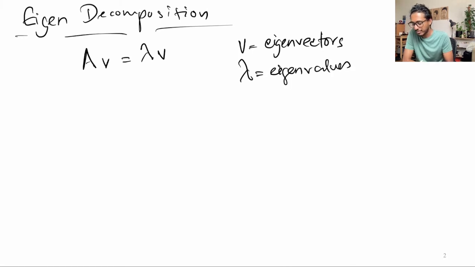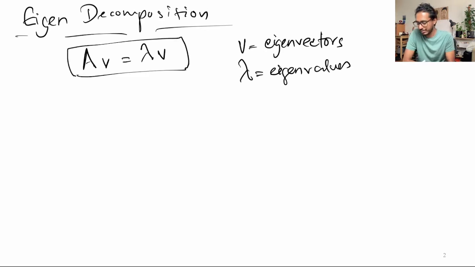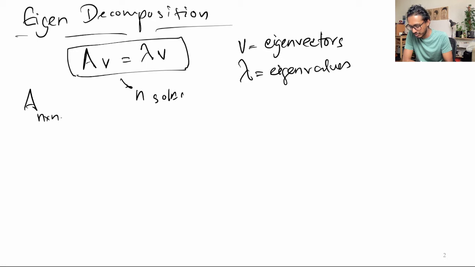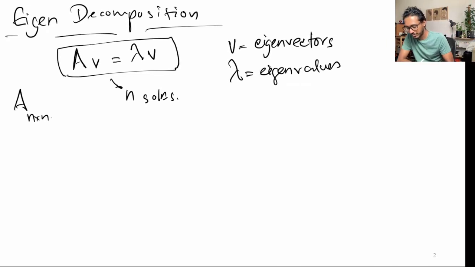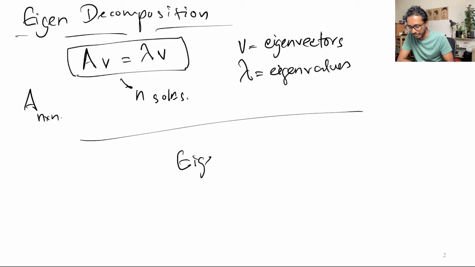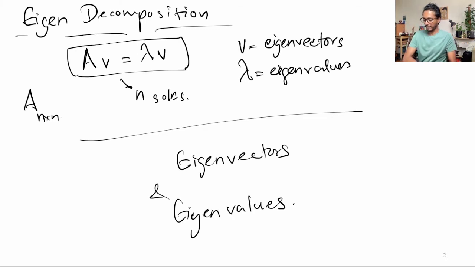For this equation Av equals lambda v, if A is an n by n matrix, there are n solutions, and n solutions means there are n eigenvectors and n corresponding eigenvalues. So this is about eigenvectors and eigenvalues.